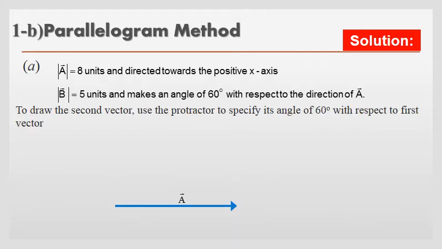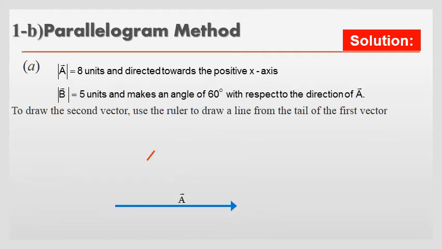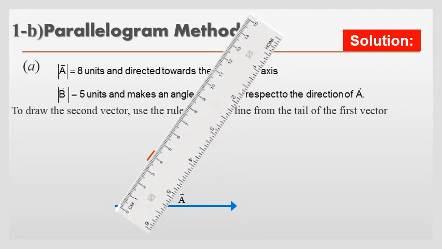The second step in the parallelogram method is to draw the vector B. First of all, we use the protractor as before to specify the angle of 60 degrees, and then we draw a line from the tail of the first vector by using the ruler with a 5 centimeter length.